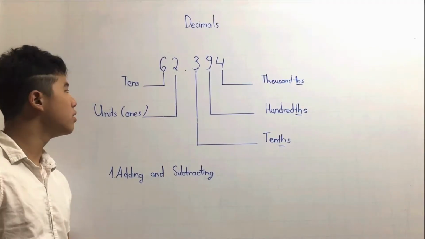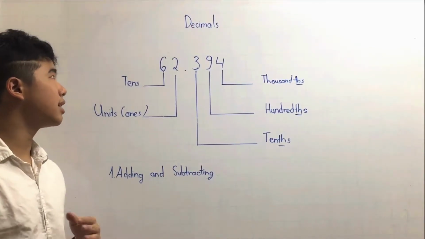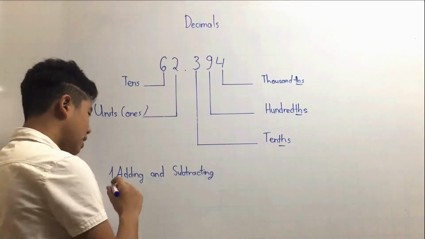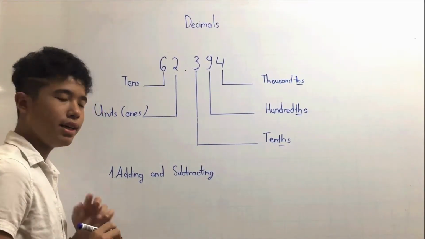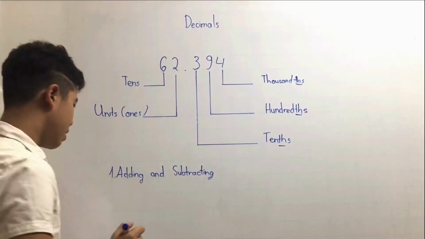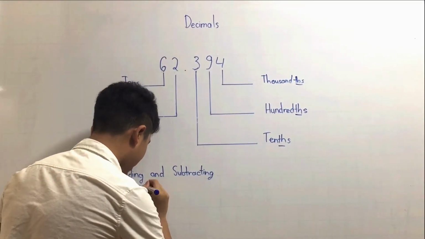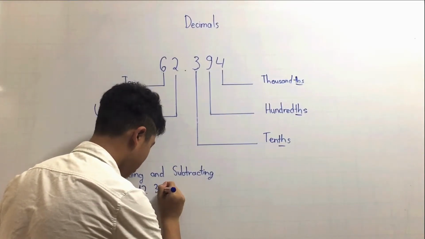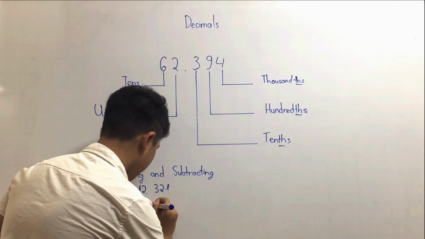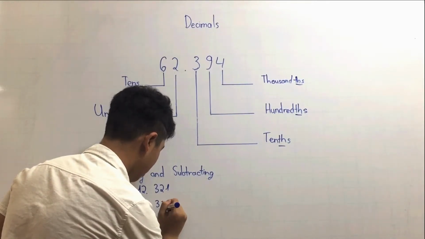Let's move on to adding and subtracting decimals now that we understand decimals. Adding is pretty easy. Just do the same as with whole numbers. We have 12.321 plus 2.321.